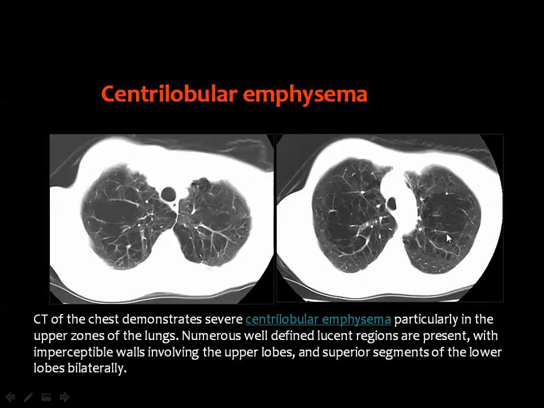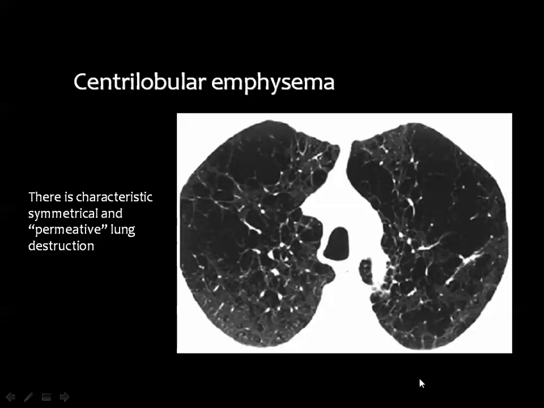Also, you should know that the emphysematous bullae do not have an appreciable wall, which is completely different from the histiocytosis and the lymphangioleiomyomatosis. If you look here, you cannot appreciate that there is a wall.